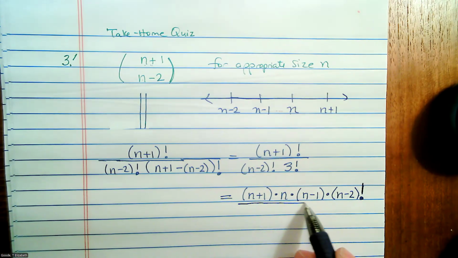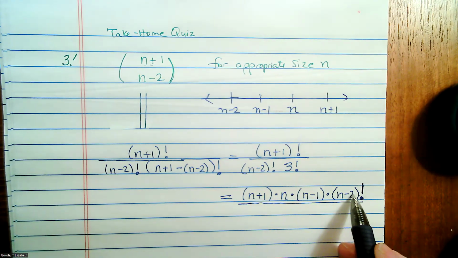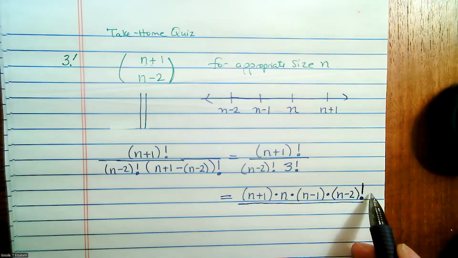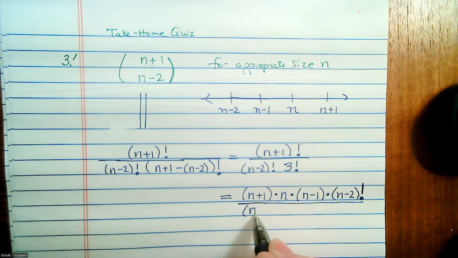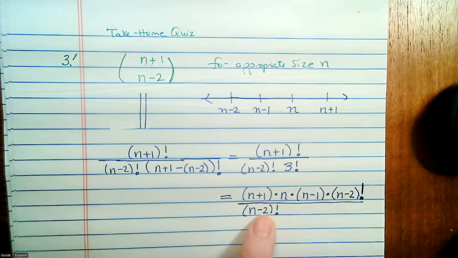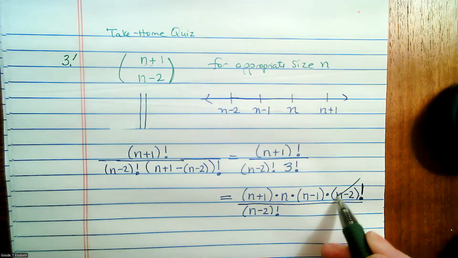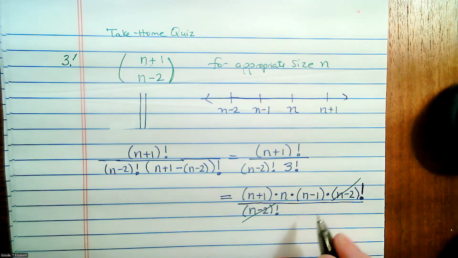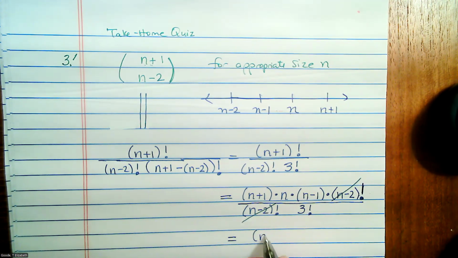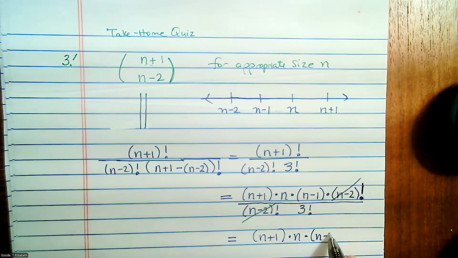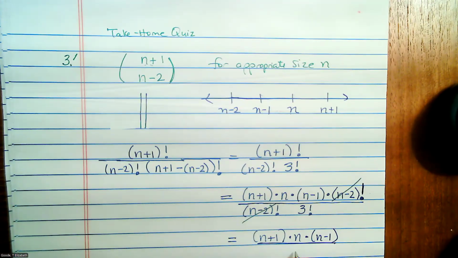We stop when we get to n minus 2 factorial. The next factor would be n minus 3, and then n minus 4, but we don't need to go that far because we have an n minus 2 factorial right here that we can cancel. And then we still have the 3 factorial down here. So this becomes n plus 1 times n times n minus 1 over 3 factorial.